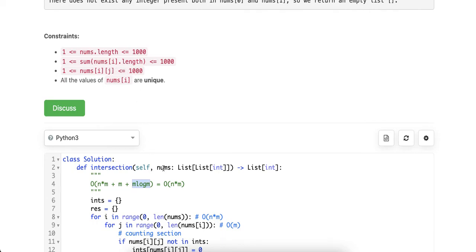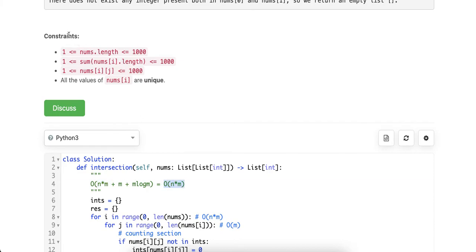Both can be 1000, so that is a function of the constraint. This is the right answer, because m log m definitely is smaller than n times m. Why? Both have the same possibility of the highest numbers. So this is the answer.